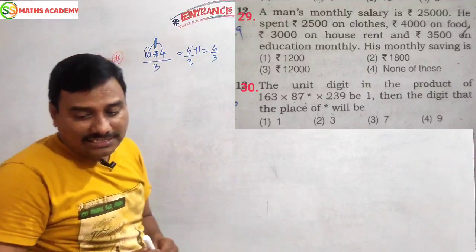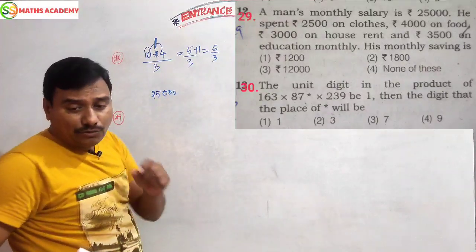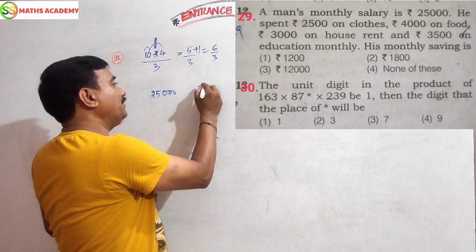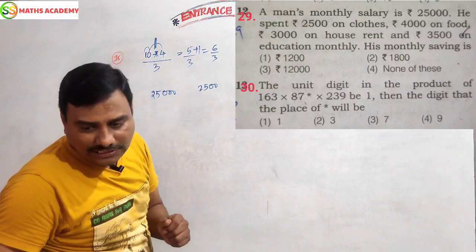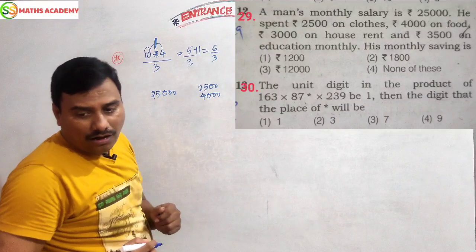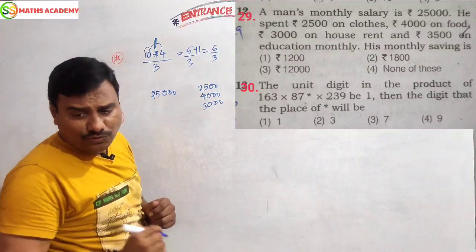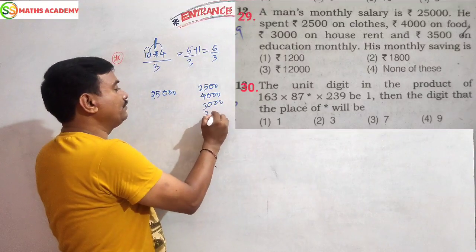His salary is 25,000. His spending amounts are 2,500 on clothes, 4,000 on food, 3,000 on house rent, and the last one, 3,500 on education.